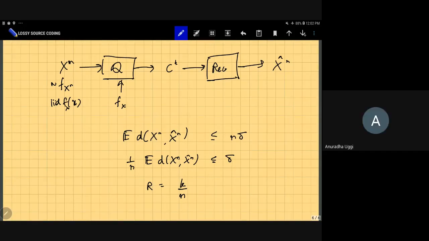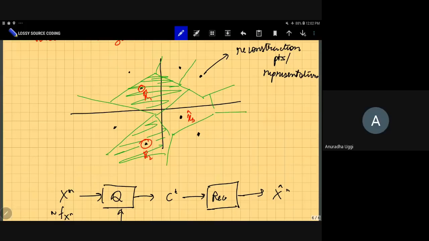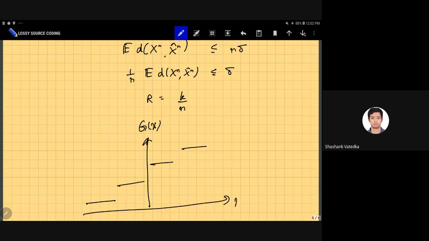Sure. Here, vector quantization means almost like increasing the step size only, right? It is not step size, right? Instead of dealing with intervals, we're now dealing with regions, correct? Okay. So scalar quantization corresponds to a step function, this is your g of x, and this is your x.